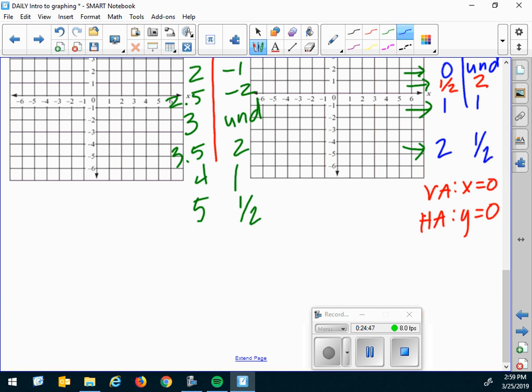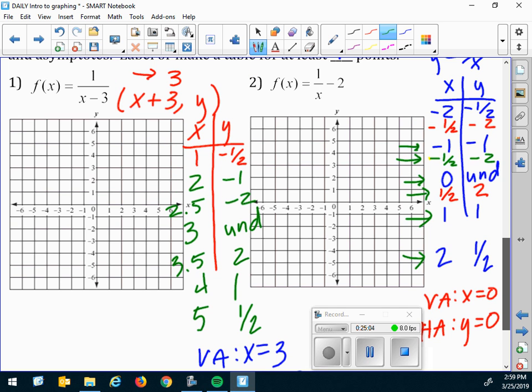My horizontal asymptote didn't change. Let's dot in the asymptotes. Vertical at x equals 3. Horizontal at y equals 0.